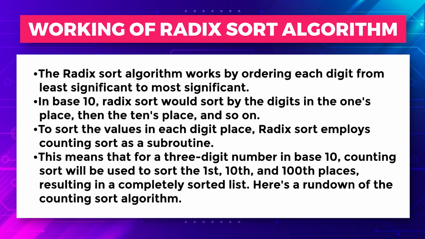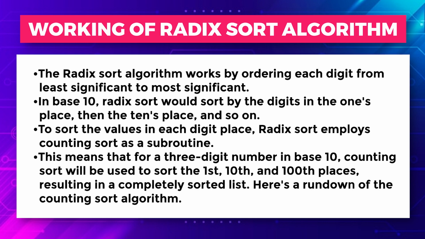To sort the values in each digit place, Radix sort employs counting sort as a subroutine. This means that for a 3-digit number in base 10, counting sort will be used to sort the ones, tens and hundreds places, resulting in a completely sorted list.